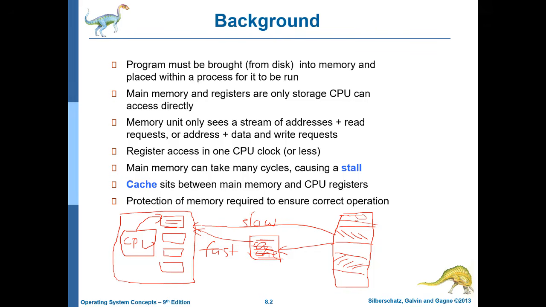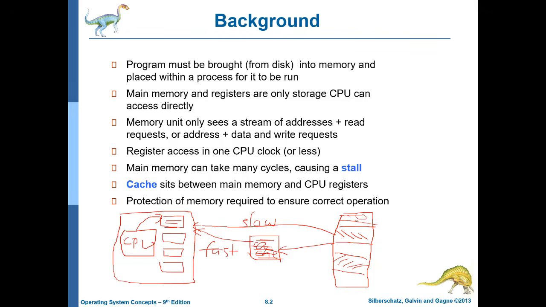We don't want this to happen, so we want memory protection. We want that a process should only access its own addresses and not any address outside its area.